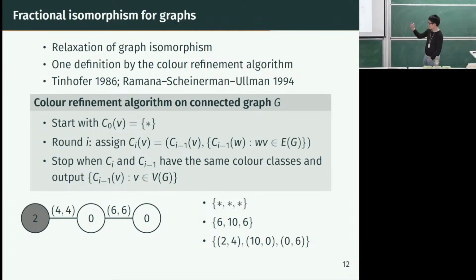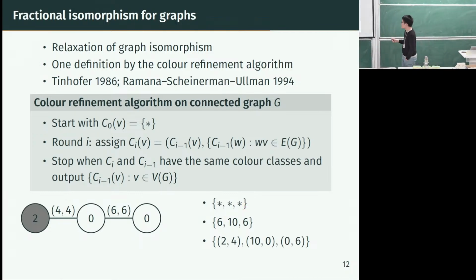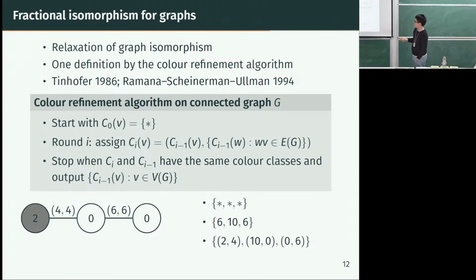Now let me refine my coloring. Let's say we look at a vertex in here. Its first part of the coloring is star, and I refine its coloring by appending a multiset of the colors of its neighbors. In particular, I append a multiset containing 6 stars, because there are 2 neighbors in here and 4 here.